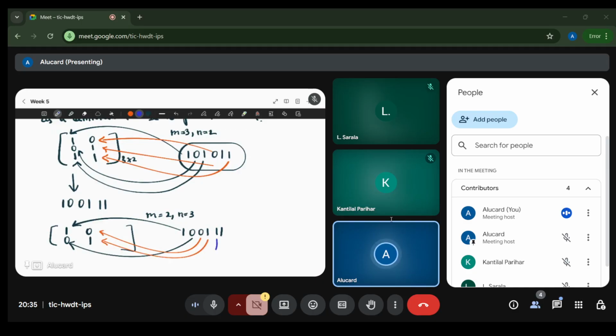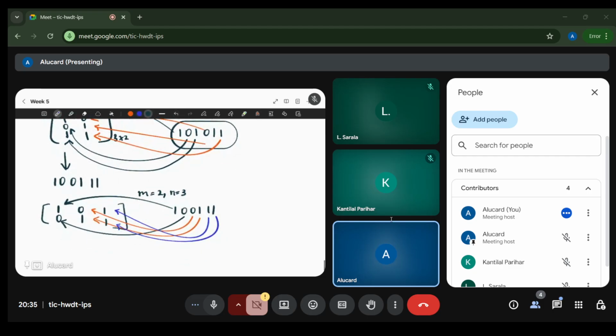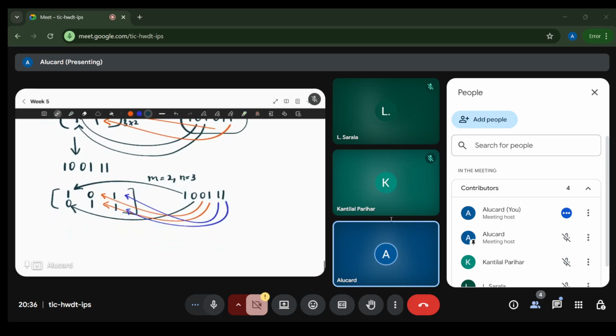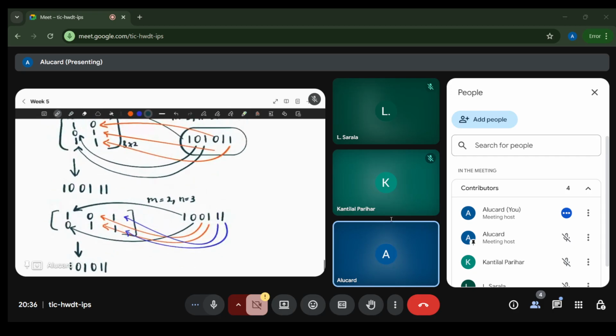Then in the third column you put 1 1. So this is what a 2 by 3 interleaver will do, right? It will put your data bits, 2 bits in each column, and then it will read it row-wise. So you're reading it as 101, 011. So you got back the original stream of bits before interleaving.